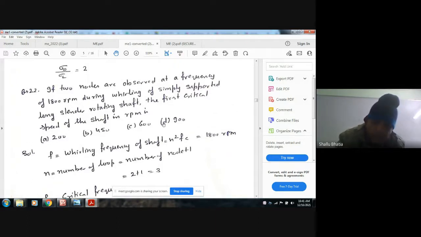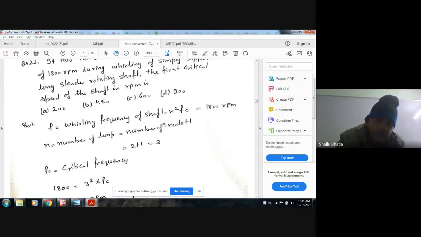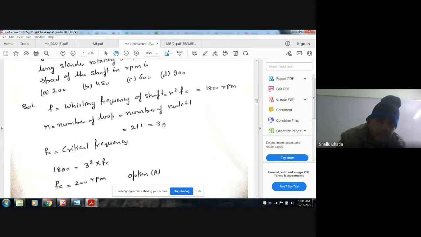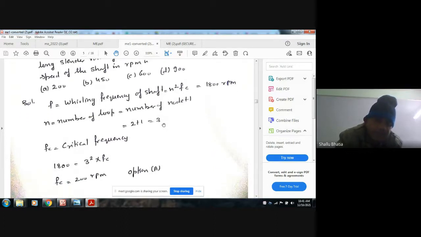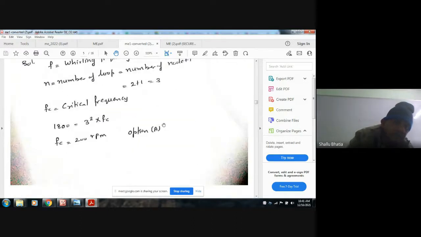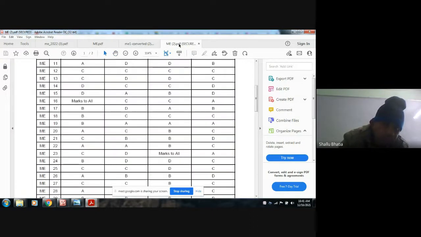Putting the value, n is the number of loops, that is the number of nodes plus one, so it is 3. f is 1800 in rpm, so fc will also be in rpm. So that is 200 rpm. Question number 22, answer is A.